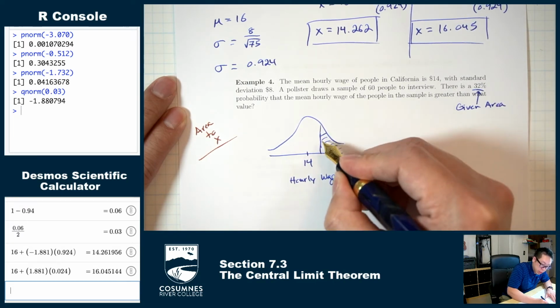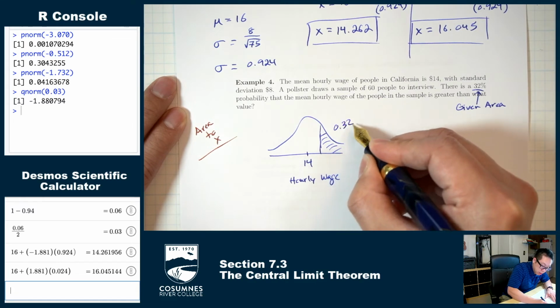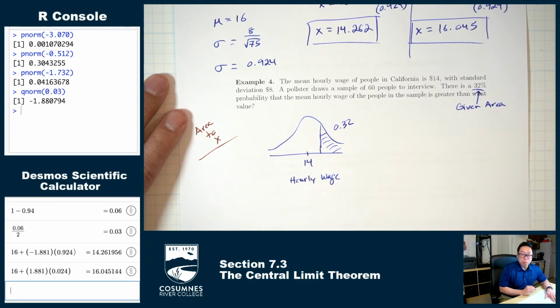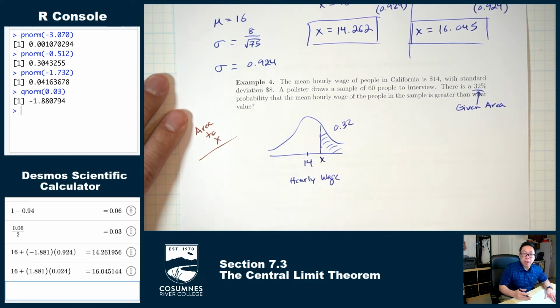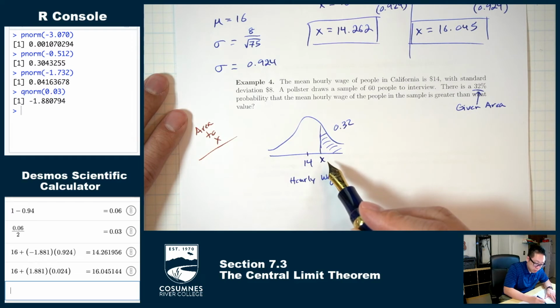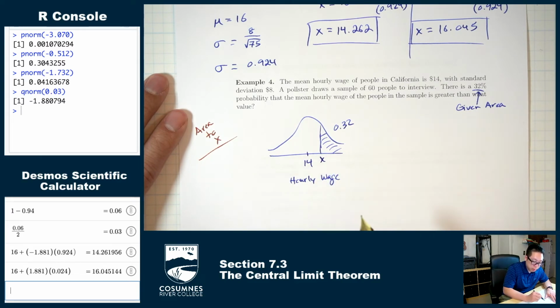And that 32% is an area, so that's up here. So I'm looking for what x would have an area of 0.32 to the right. So what hourly wage would have a 0.32 area to the right.